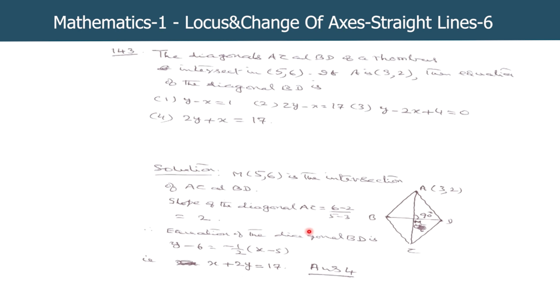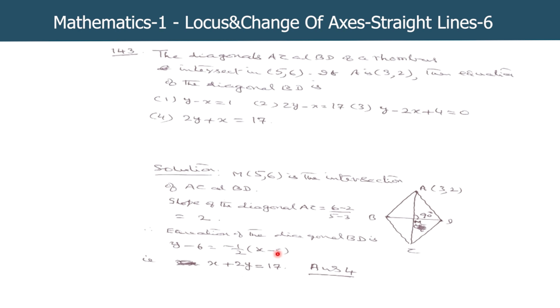Now, you know that (5, 6) is the intersection of the diagonals AC and BD. The slope of the diagonal AC is (6 minus 2)/(5 minus 3), which is 2. And the equation of the diagonal BD is y minus 6 is equal to minus half into (x minus 5), because BD and AC intersect at right angles.